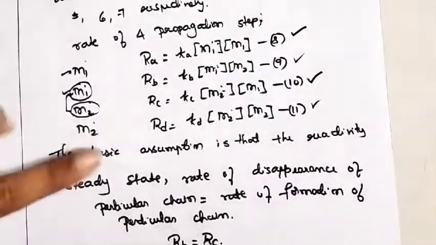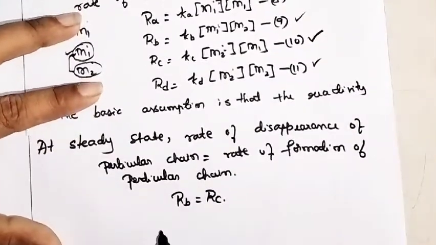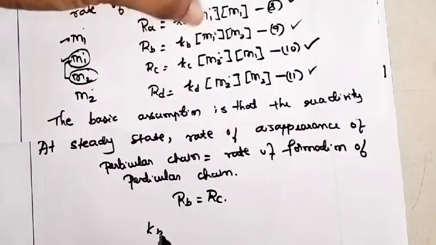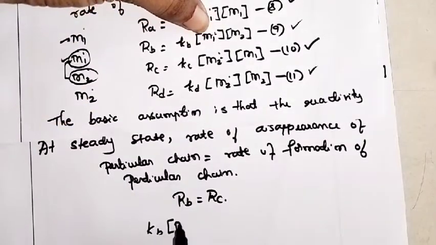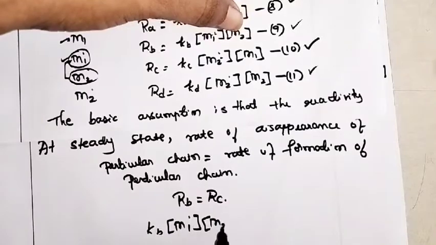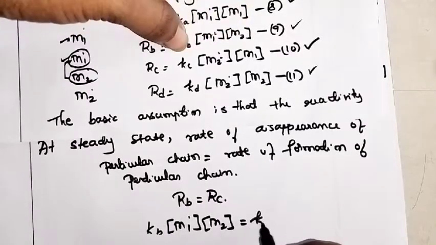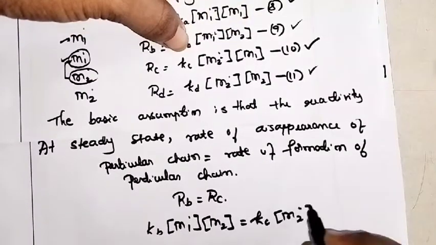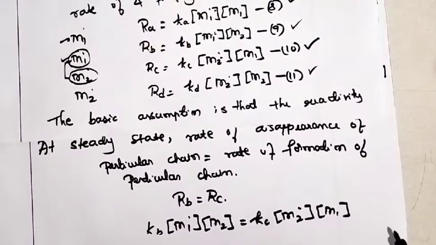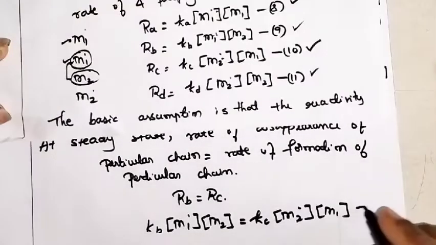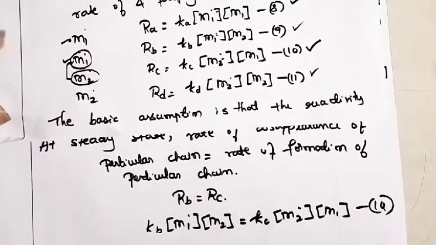Now write what is there under RB. RB is Kb. I am writing the same equation here: Kb, M1 free radical, concentration of M2, is equal to Kc, M2 free radical, concentration of M1. This is equation number 14, and the previous one is 13.